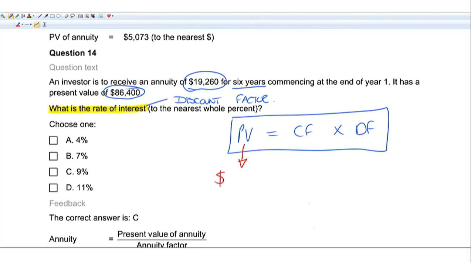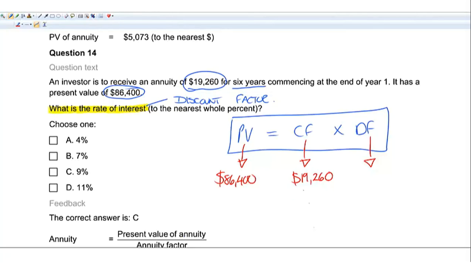Let's slot the information into the relationship that we've jotted down. The present value we're told is $86,400. The cash flow that we're given each year is $19,260. The question asks us for the interest rate, and we know that the interest rate is the rate that we discount at. In other words, we're looking to establish the discount factor that has been used for the 6-year annuity.